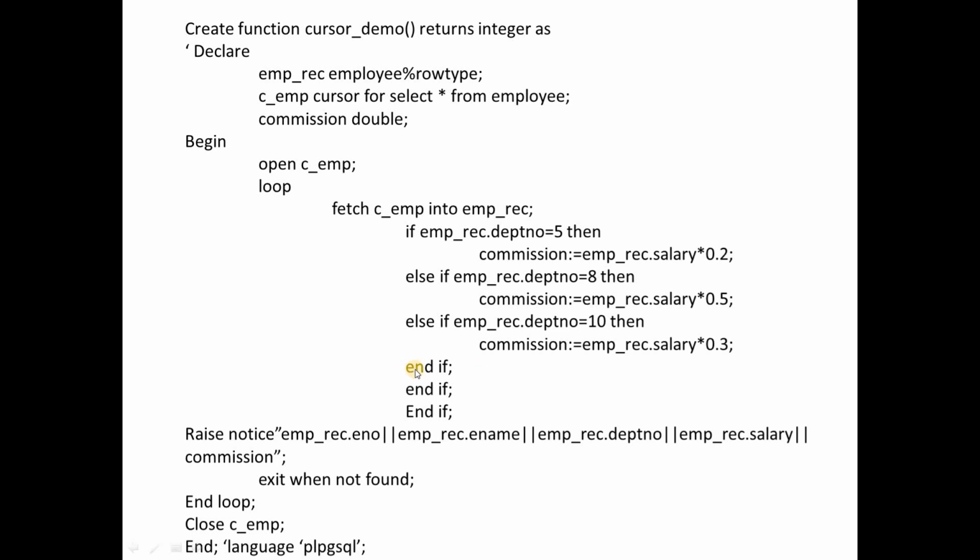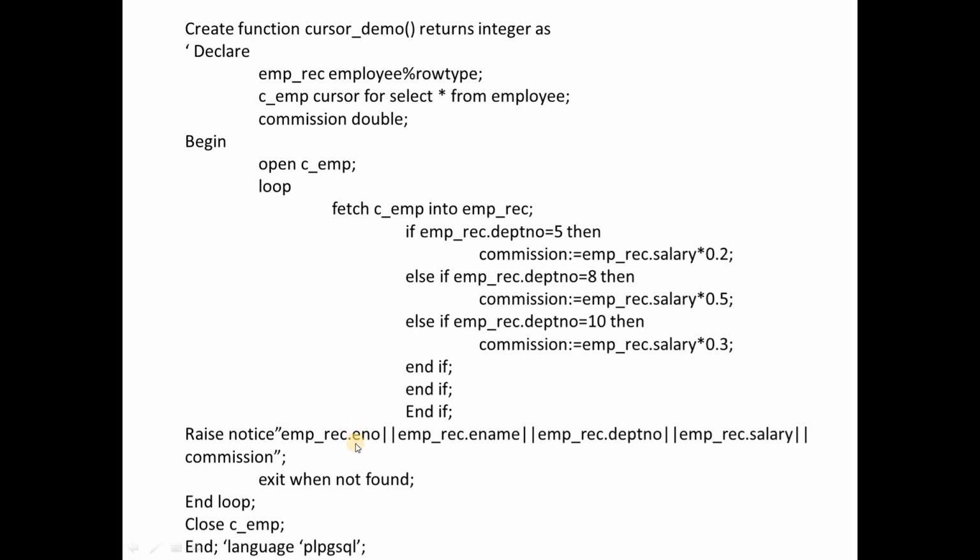After that, we end all the ifs which are open here, and after executing this, we can raise notice, which means we can print some output to the user on the console. So raise notice is applied here. In that, we have to print all the details of the employee with their commission.